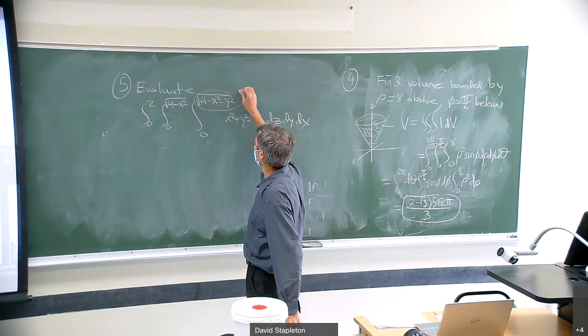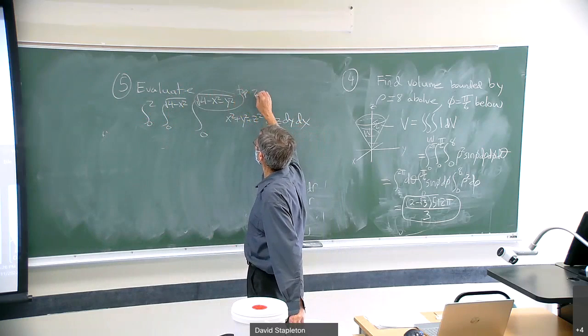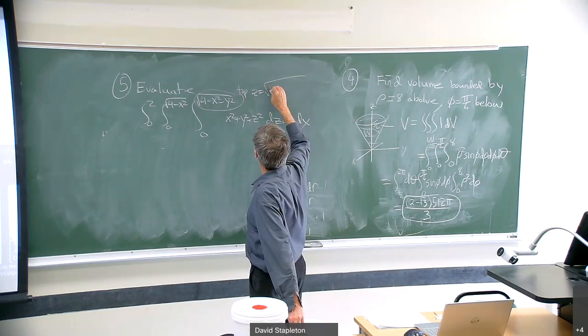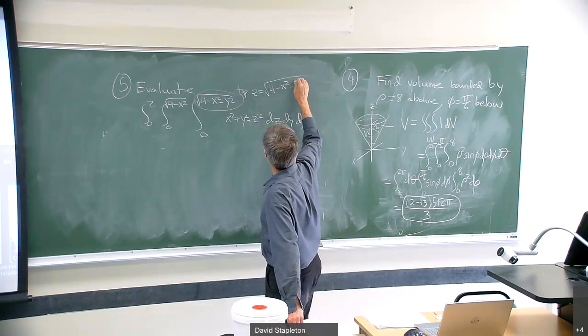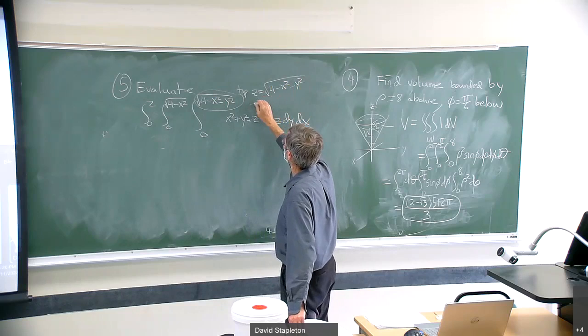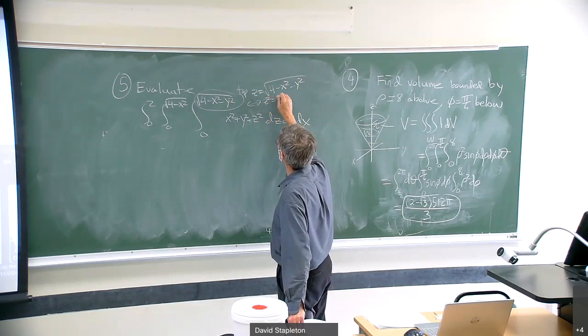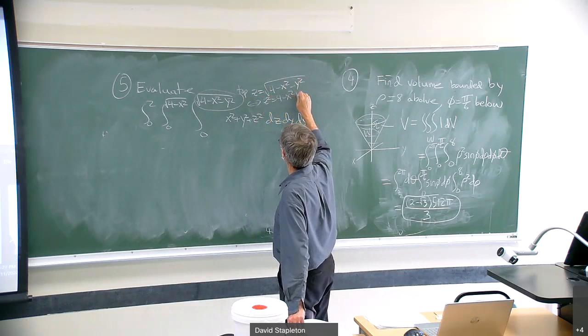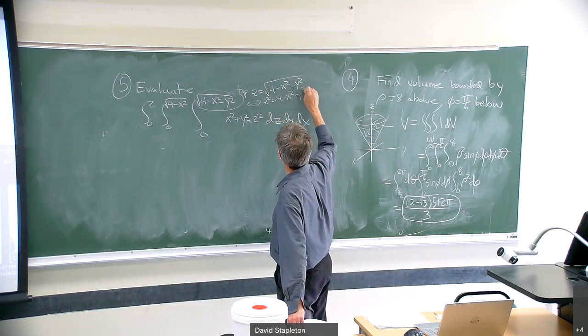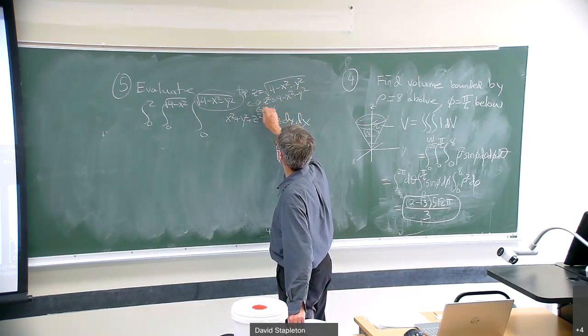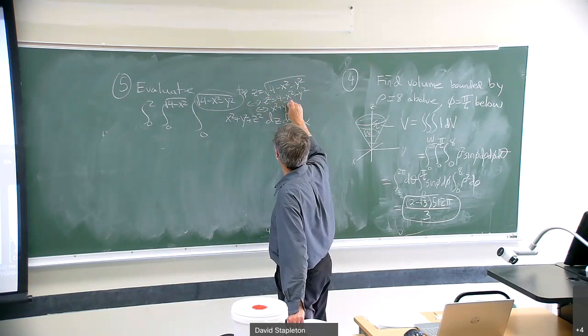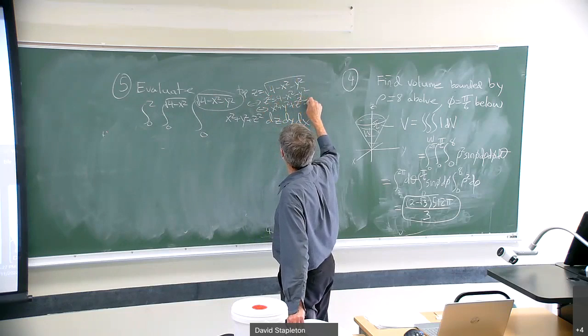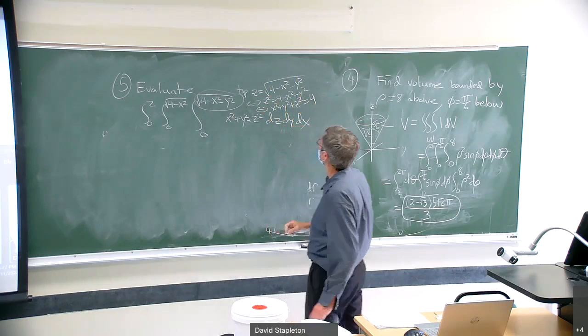This means that the top surface is z equals root 4 minus x squared minus y squared, which is equivalently z squared equals 4 minus x squared minus y squared. And by adding x squared plus y squared over, you've got equivalently x squared plus y squared plus z squared equals 4. This is a sphere of radius 2, right?